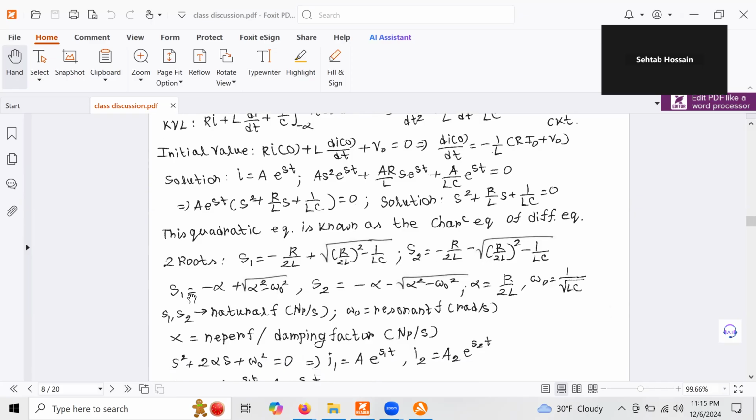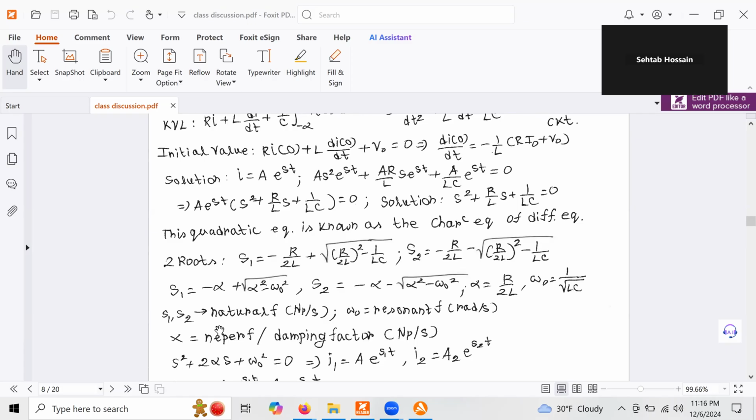Where s1, s2 will be just like this, and alpha will be equal to R over 2 times L, and omega 0 will be equal to 1 over root over LC. So s1, s2 is known as natural frequency, whose unit is Napier per second. Omega 0 is resonant frequency, and its unit is radian per second.